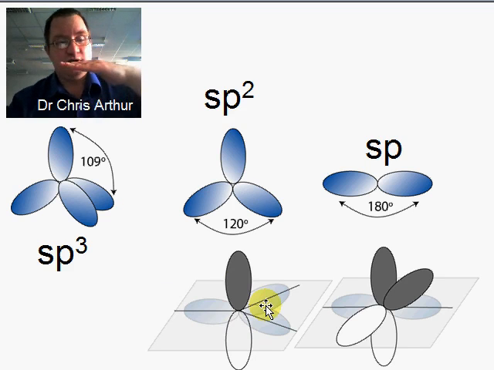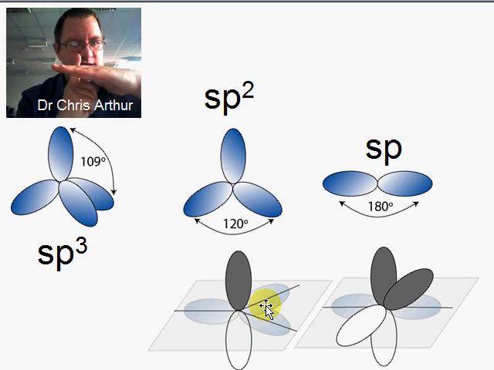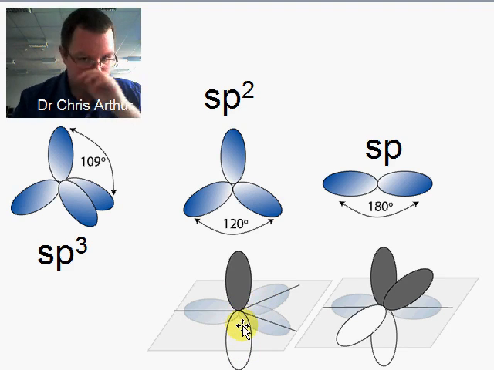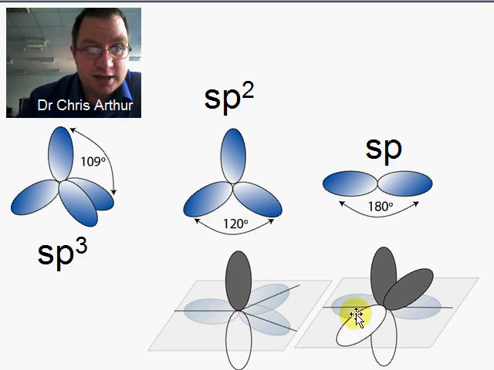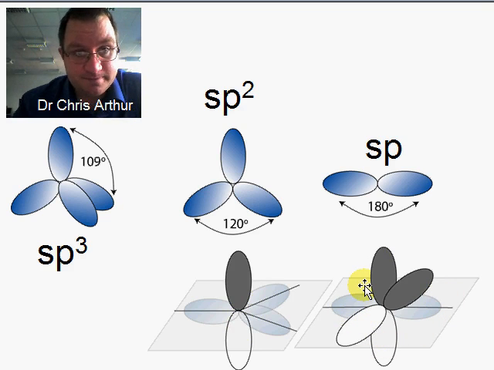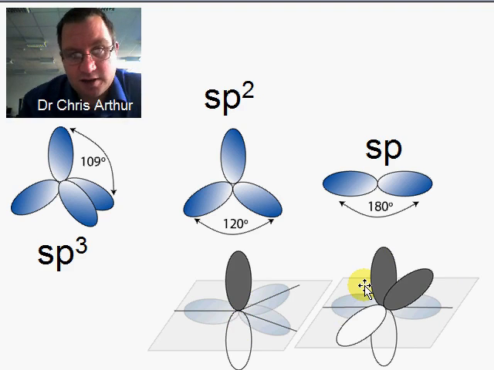So if you imagine the sp2 planar system is flat, then the p orbital comes up perpendicular to that and lies through the center of these. Likewise in the sp, that's linear, and then we have these p orbitals that essentially cross the sp orbitals. So the p orbitals are in there, and we can't forget about them because they'll become very important later on.